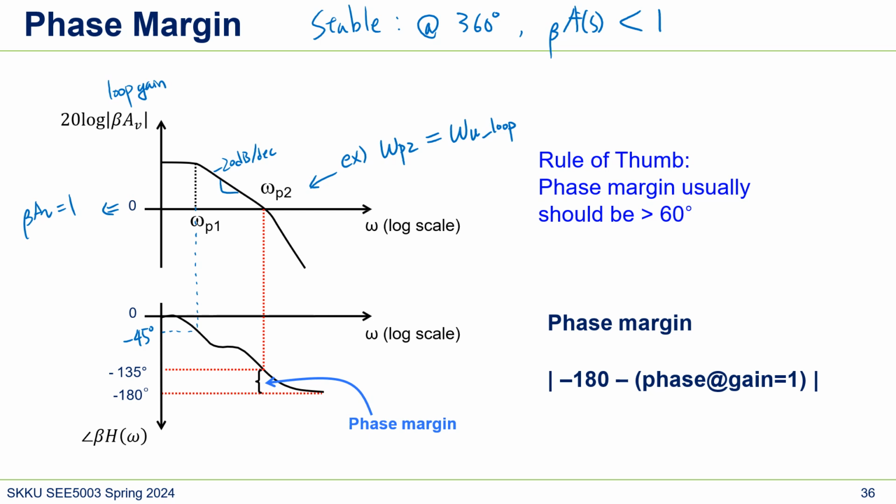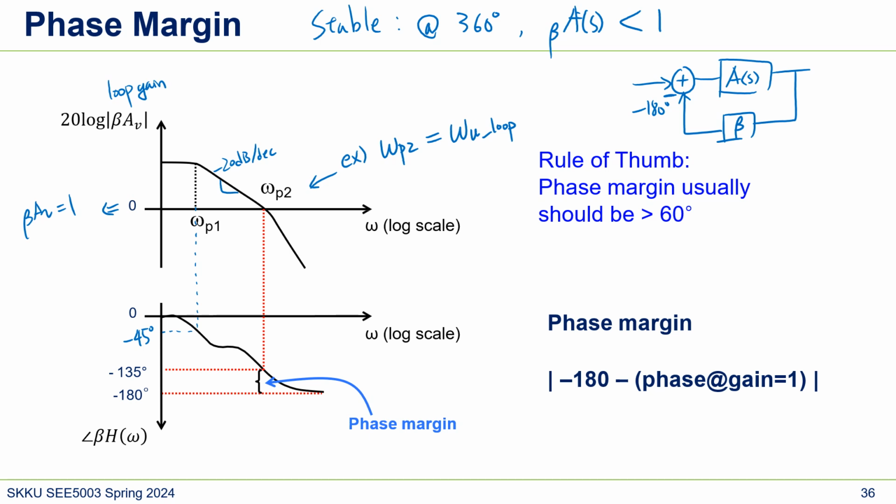So what was our condition to make things stable? At 360 the gain should be smaller than 1. When we see 360, it actually means 180. Why? Because here's A(s) and here's beta, and in this case we have a minus sign, and this is already 180 degrees.